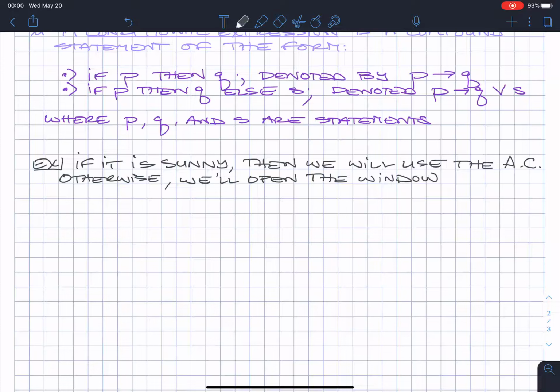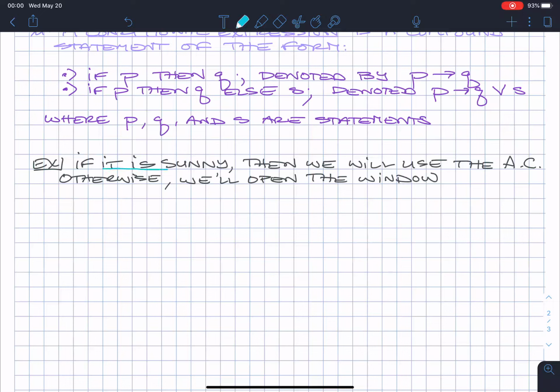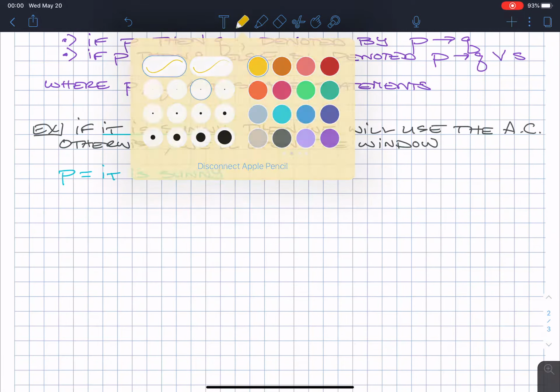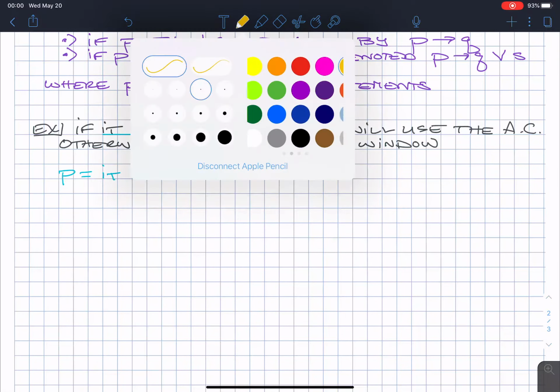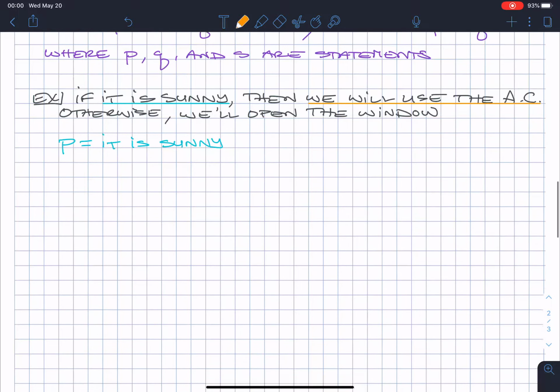Okay, so let's translate this into symbols. A statement is either true or false. So I'm going to let P be the true or false statement: it is sunny. It is either sunny or it is not. The next statement, let's use orange: we will use the AC. We're either going to use the AC or not.